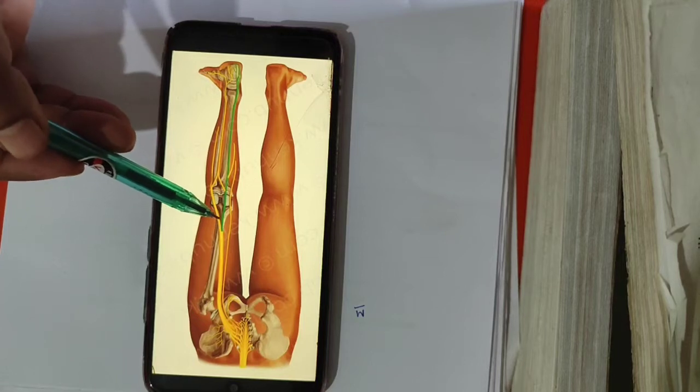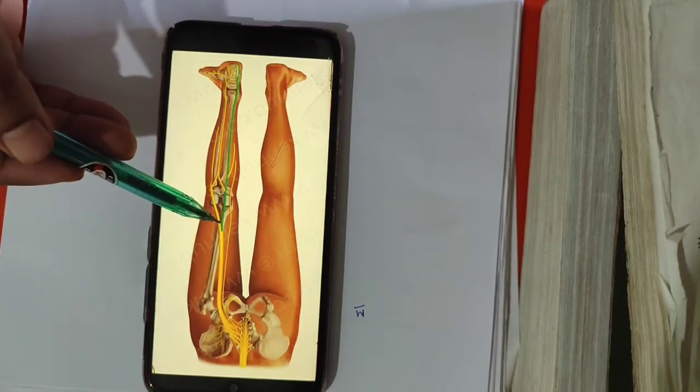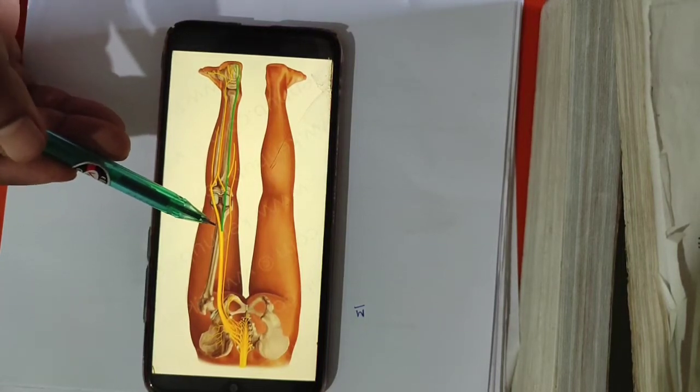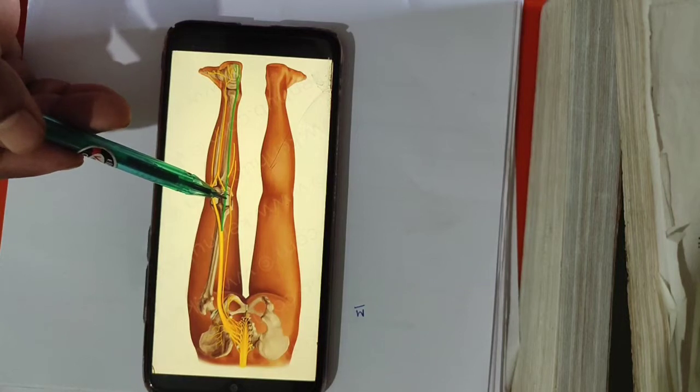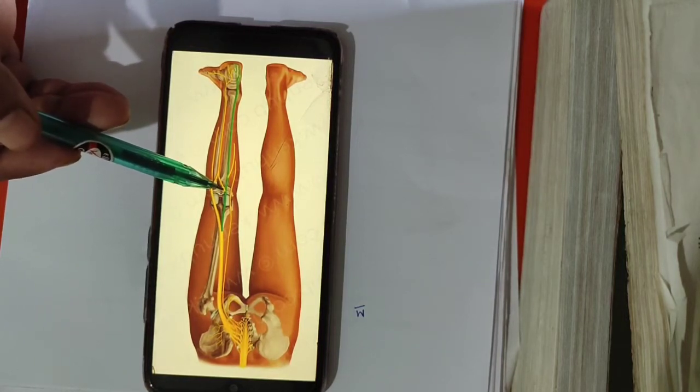From its origin the tibial nerve descends through the popliteal fossa and lies lateral to the popliteal vessels.